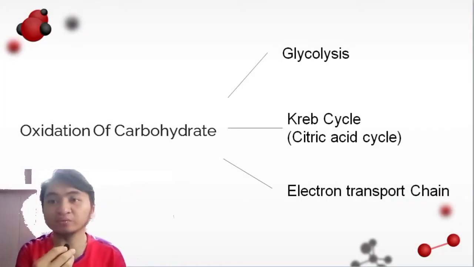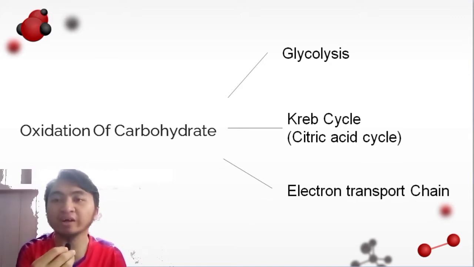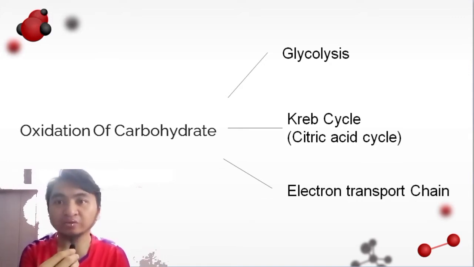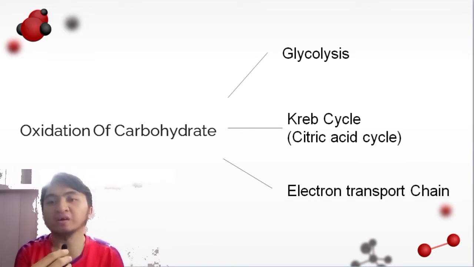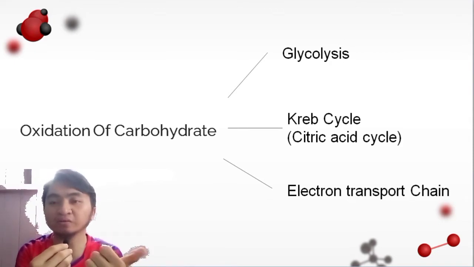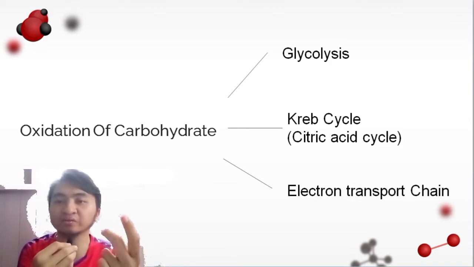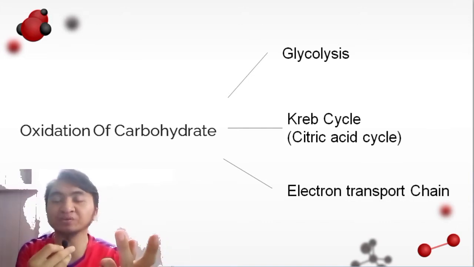Alright, for the last part, which is about the oxidation of carbohydrate, I already chose a video from YouTube talking about the oxidation of carbohydrate, which covers three parts: glycolysis, the Krebs cycle, and the electron transport chain.